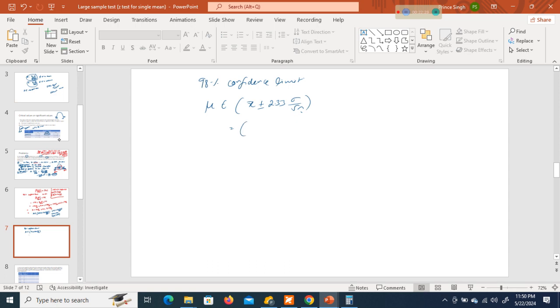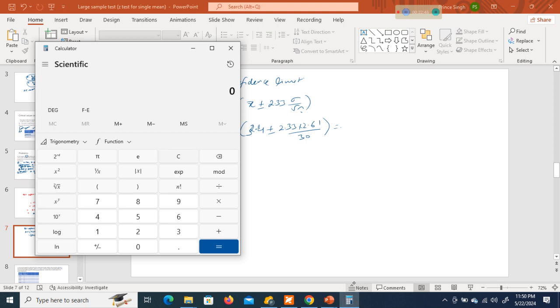So that is 3.4 plus minus 2.33 into 2.61 upon 30. So if we solve this, 2.33 multiply by 2.61 divided by 30.